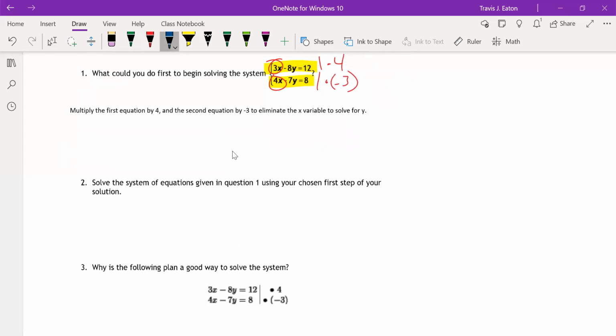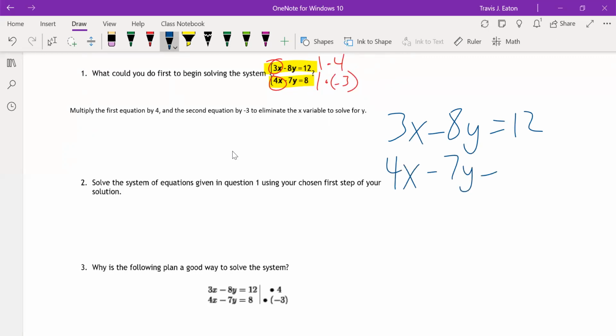So first, 3x minus 8y equals 12 and 4x minus 7y equals 8. Okay, and the plan is, here's my plan bar. That's my plan bar. I'm going to multiply by 4, and in this one, my plan is to multiply by -3. It's always good to have a plan.